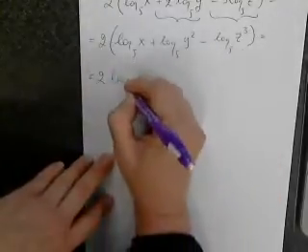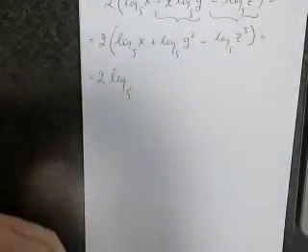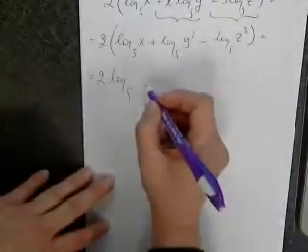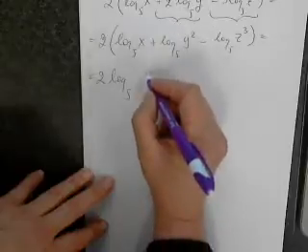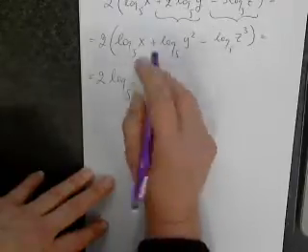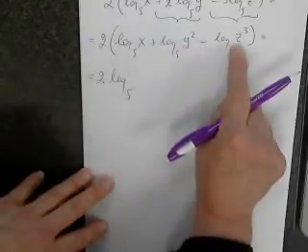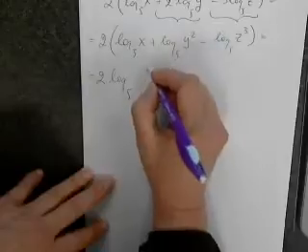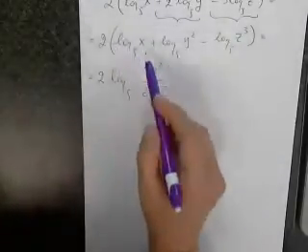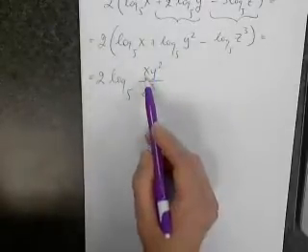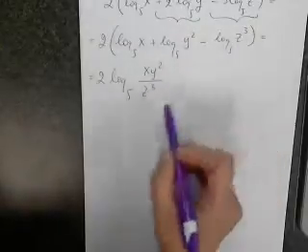So 2 log base 5 of x times y squared over, yes, x y squared over z cubed. If there is plus in front of a log, its quantity comes from the top. Plus y squared comes from the top. Minus z cubed comes from the bottom.